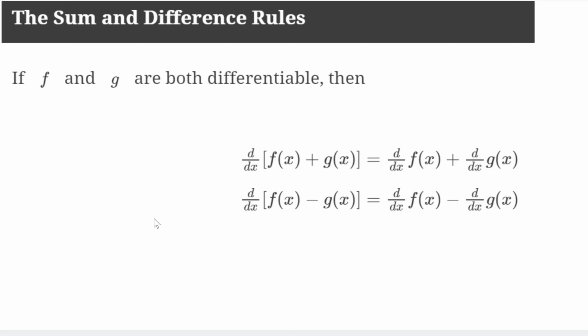Multiplication and division, you cannot. So the product rule and the quotient rule are different. In this case, we're looking at the sum and the difference. If I have addition between terms, I can split those terms up and do the derivative of each one independently. If I have subtraction, again, I can split the terms up and do each one independently. So I can split terms up, I can't split factors up.